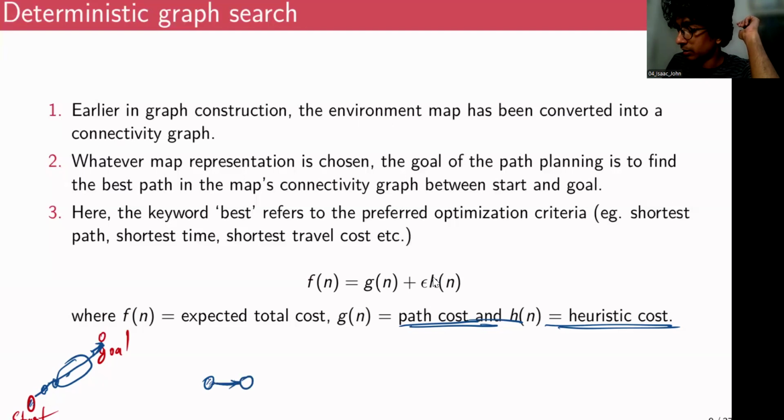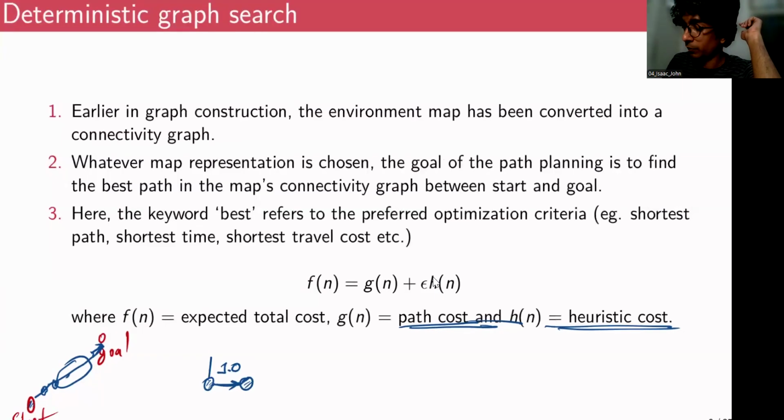So if you are moving one unit to the left, one unit to the right, you can consider the path cost to be 1 unit. Or if it is moving upward by 1 unit, it is still moving the same distance. So you can consider this g of n to be 1 unit.